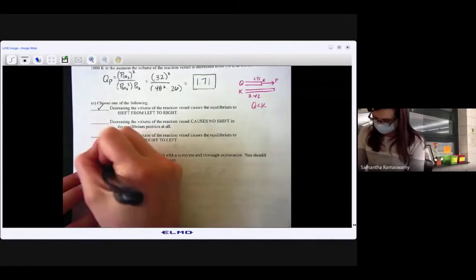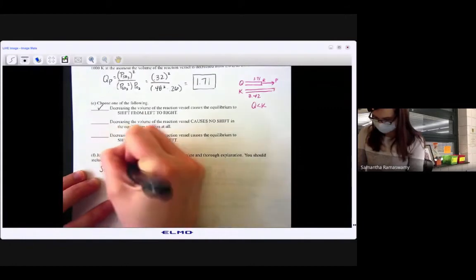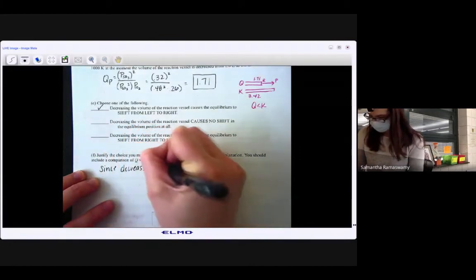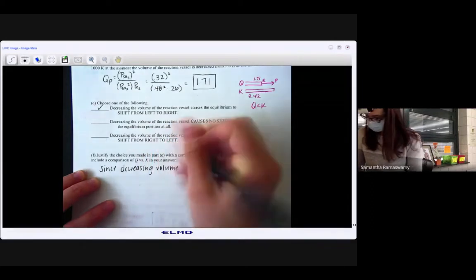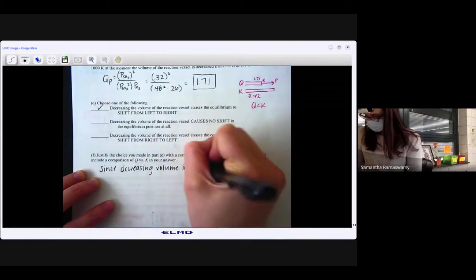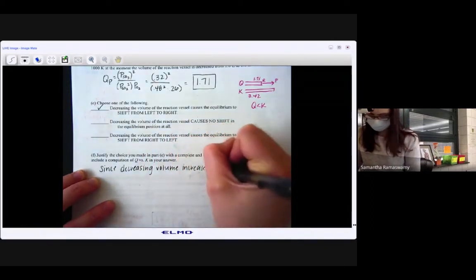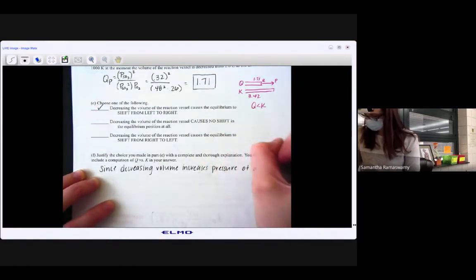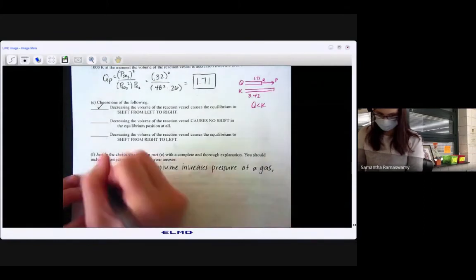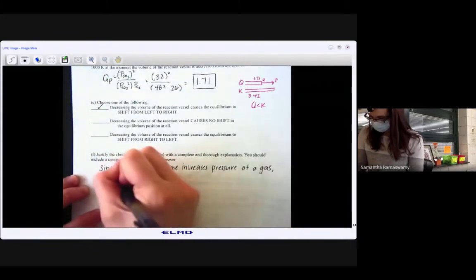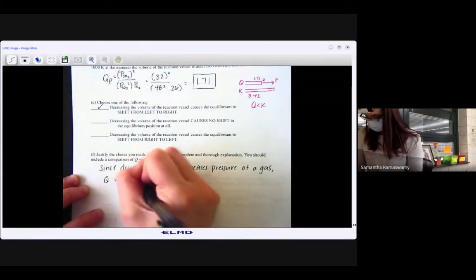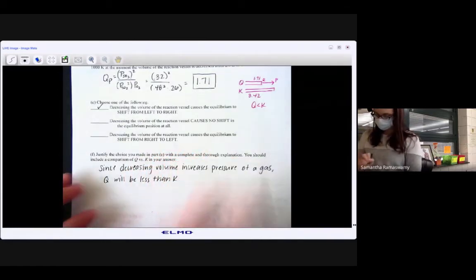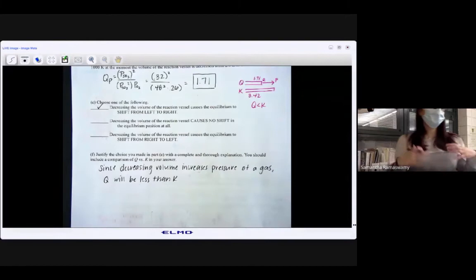So I'm going to say since decreasing volume increases pressure of a gas, Q will be less than K. So now I've compared Q to K.